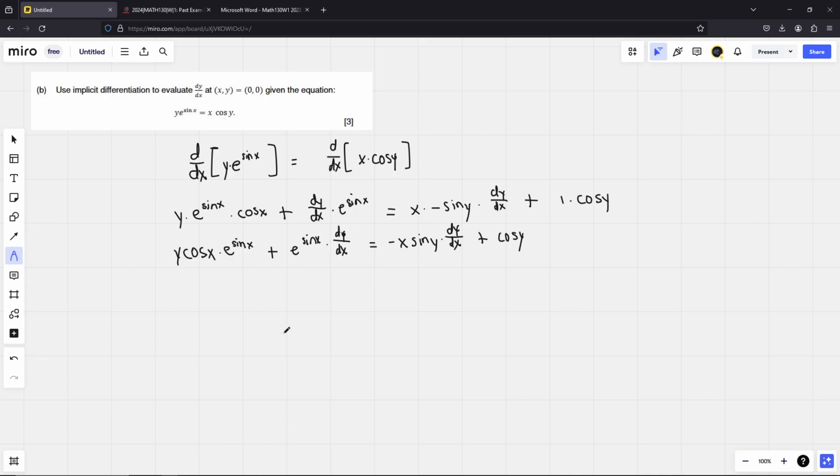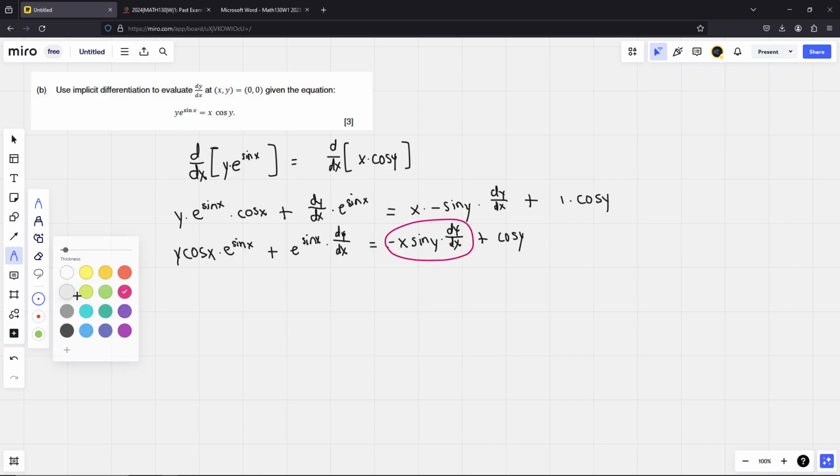Okay, so solving for dy/dx, I'm going to get all the terms of dy/dx to the left hand side. So this one's already on the left hand side, so I'm going to have to move this one, and then I'm going to move this one to the right hand side because it doesn't have a dy/dx.